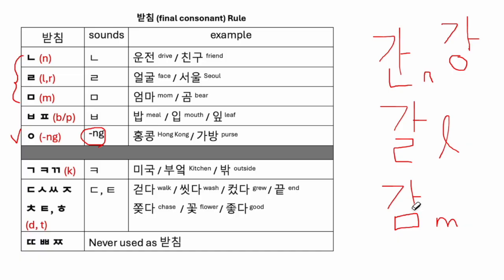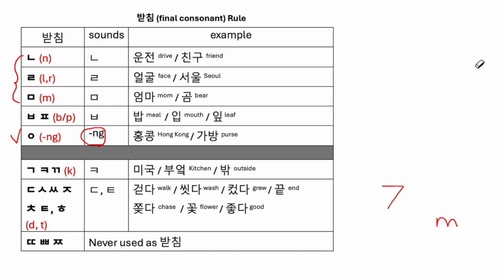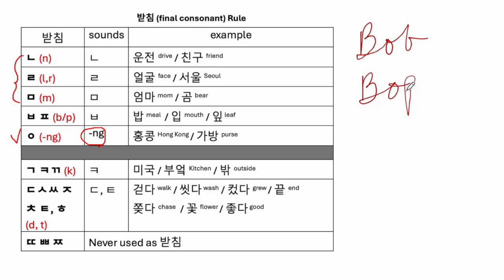In English, it might make a difference because if you put, let's say, B-O-B, bob, B-O-P, bop, because we have that little bit of the final consonant, kind of resonating, bob, bop. But in Korean, we don't.